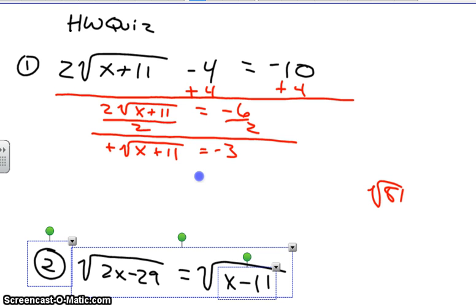In some of your homework problems, you had subtracting this radical expression. And you did those fine because the subtraction was there. When you don't see the positive sign in front of the radical, but this is an equation, then you have to take the principal root, the positive root. So is there ever a principal root that will equal a negative value? No, so we just stop right there.